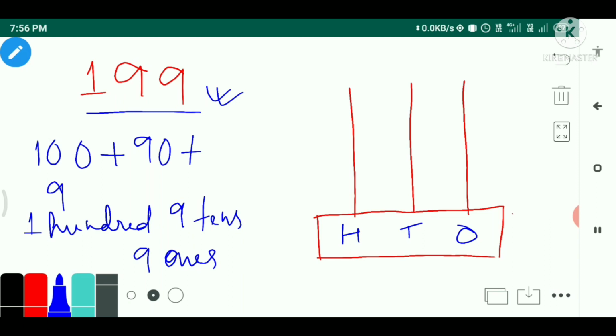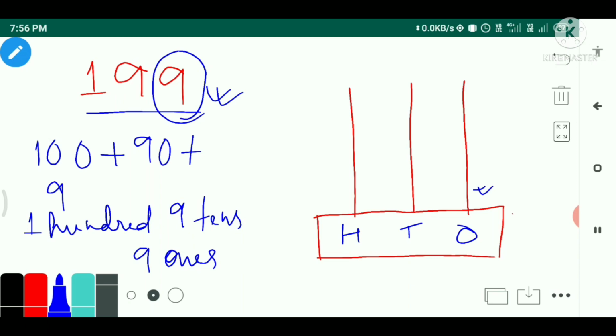So for example here, first of all we'll place this one 9. As this 9 stands in the ones place, we'll represent this 9 here. And how can we represent this 9?